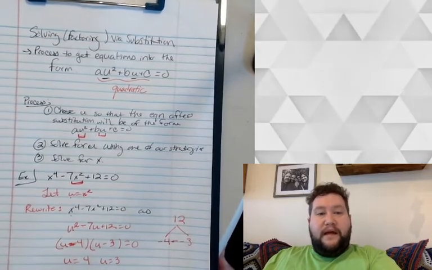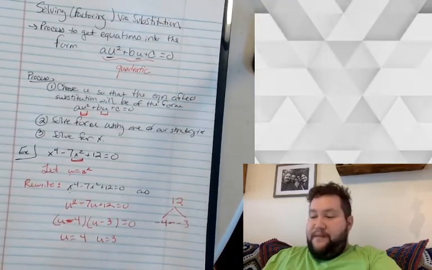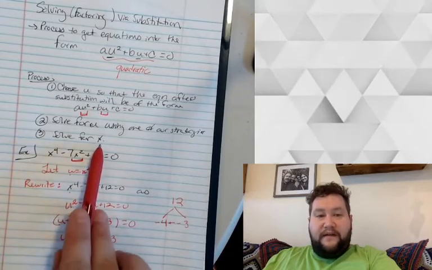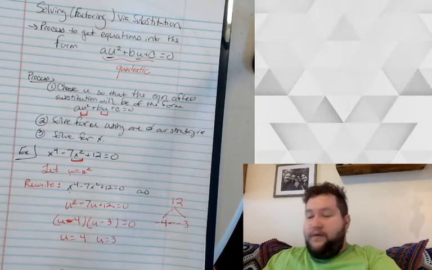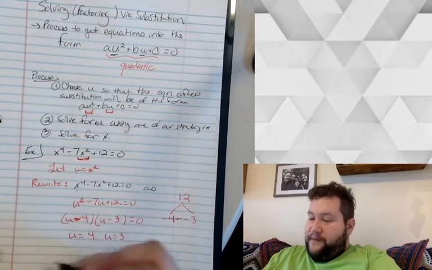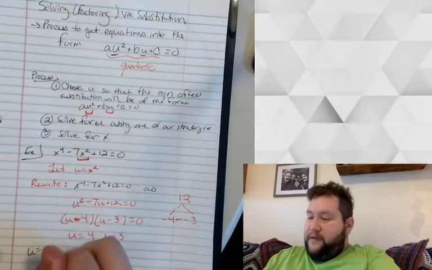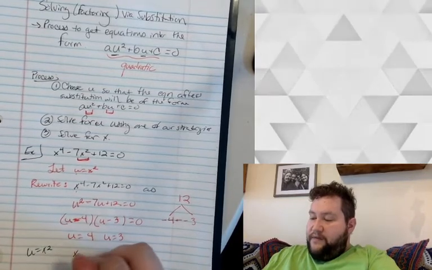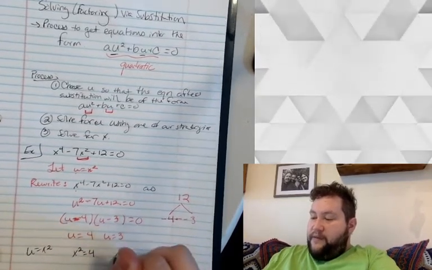But this is why my step 3 is solve for x. This says that u is 4 or u is 3. But u is x squared. So that means that x squared equals 4 or x squared equals 3.